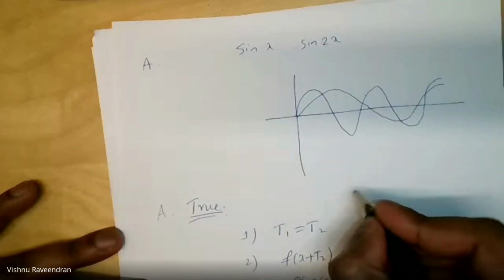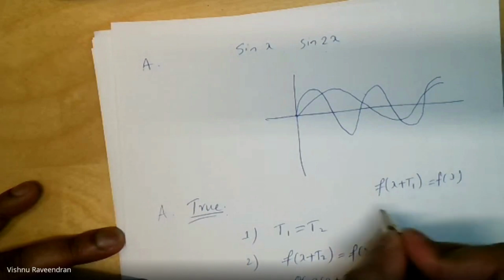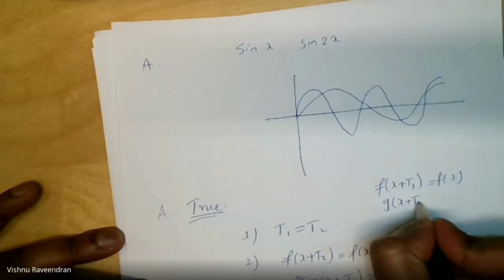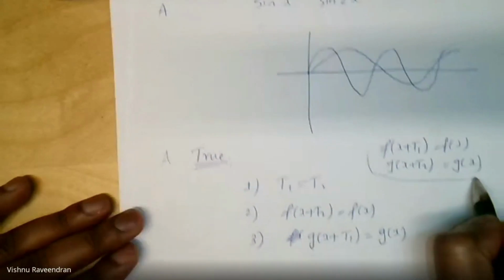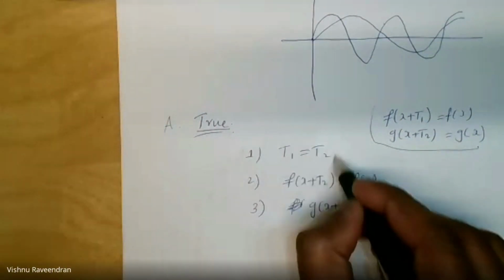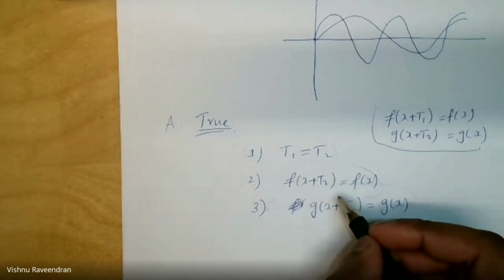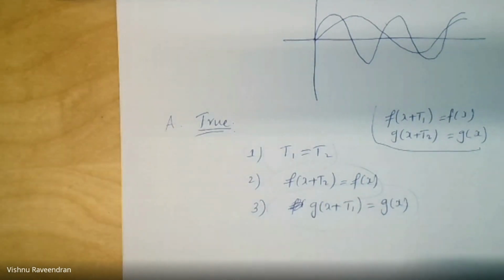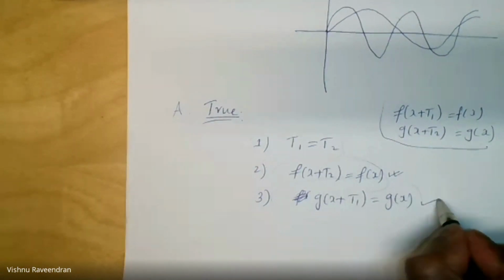Because we already know that f of x plus t1 equals f of x, and g of x plus t2 is equal to g of x. These are the given conditions. If you can prove either one of these, then we say that f and g have the same period. So this means that f has the period t2, and this means that g has the period t1.